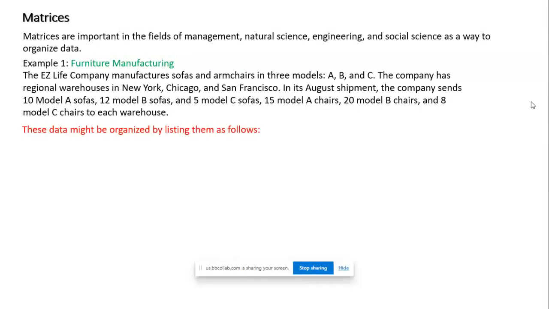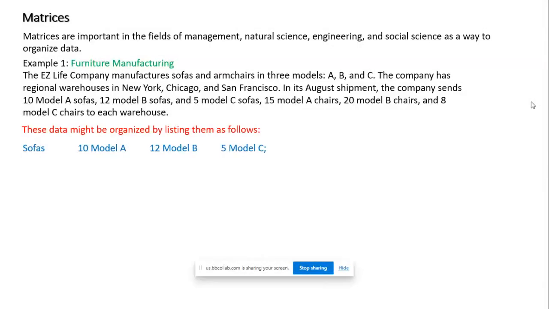Our question is, can this data be organized in any way? And the answer is yes. We can use this information to organize it, and the best way to organize this is to use a matrix.